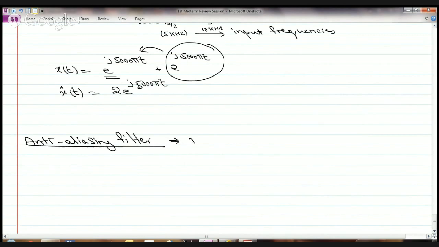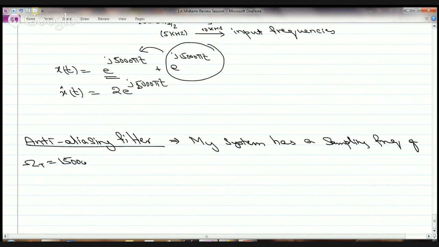So if my system has a sampling frequency of, let's say, 15,000 pi, which means, again, just take the example, it's 7.5 kilohertz, right?